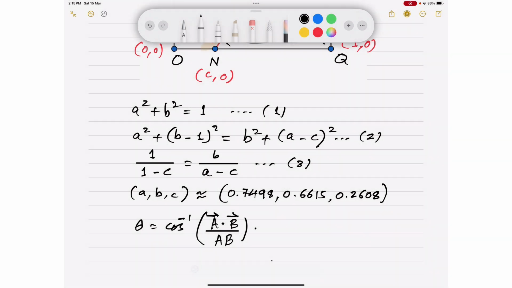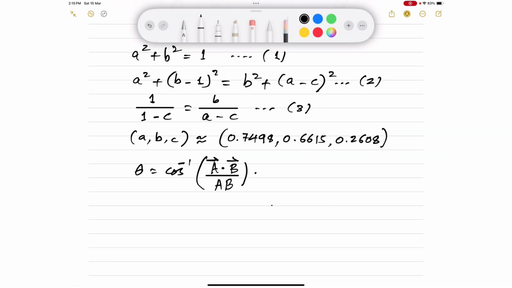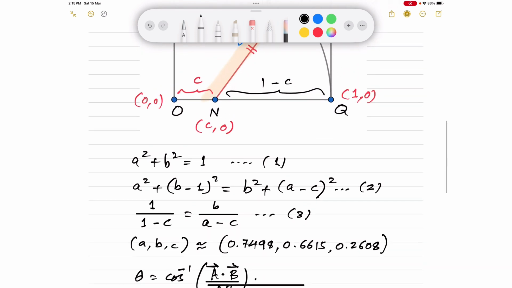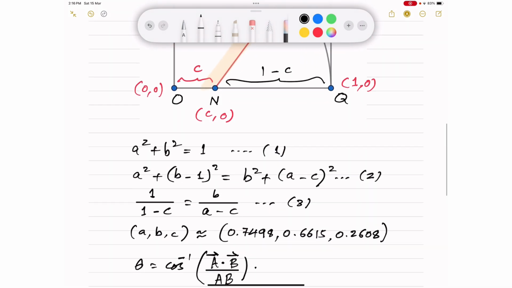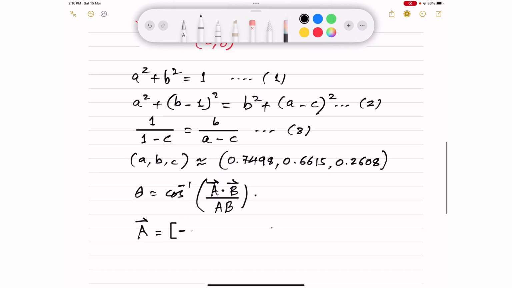Okay, so for that we need to define what A is. A is simply, I'll use the brackets to represent the vector, A is simply ML. So it's going to be what? It's going to be 0 minus A, so minus A, 1 minus B. That's the vector A. Of course, we can use i and j, but this is simpler.